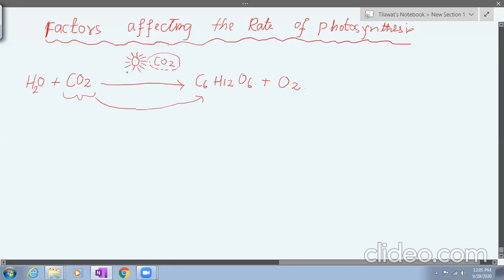Another, we know already that in the process of photosynthesis, several enzymes are involved, right? Like one example I told you already, ribulose biphosphate carboxylase, which is involved in the dark reaction for the fixation of carbon dioxide.